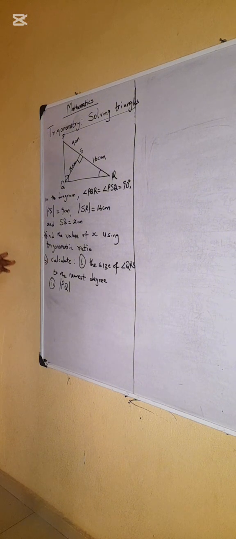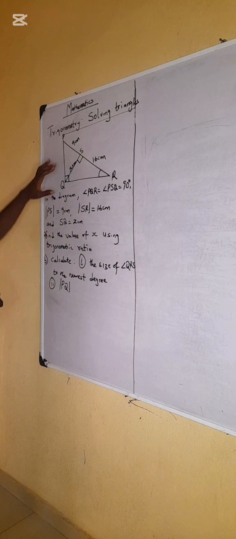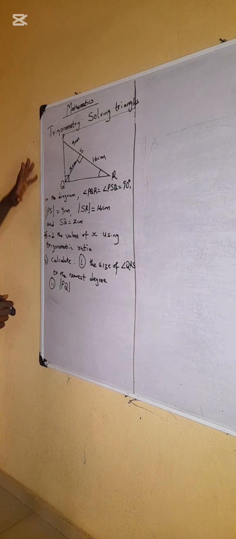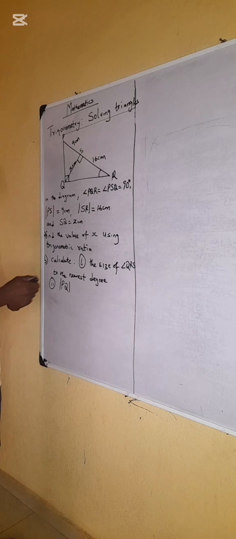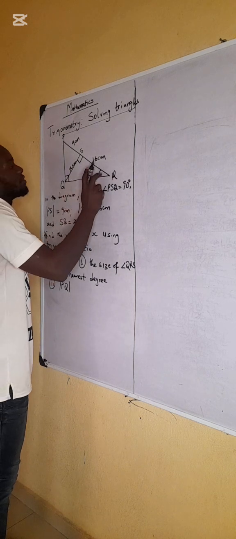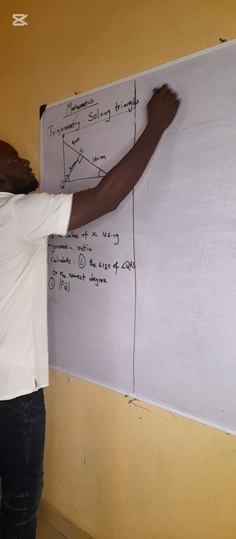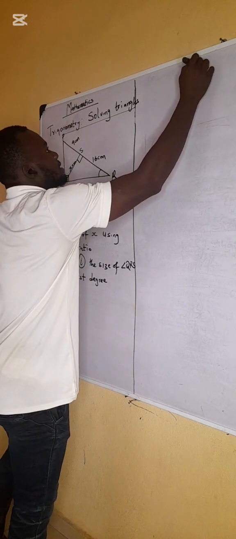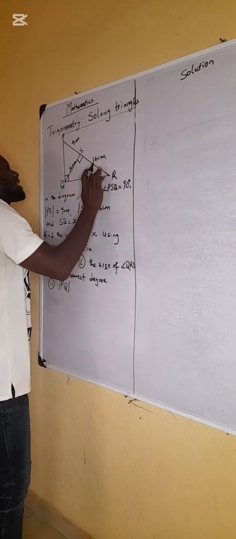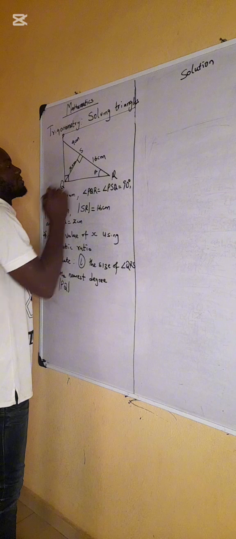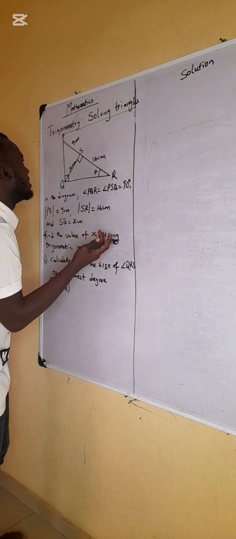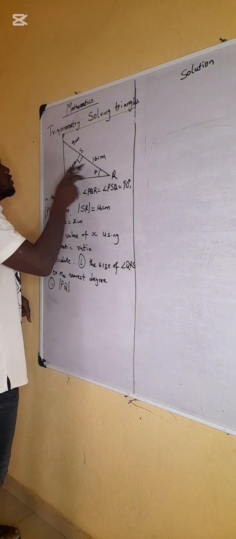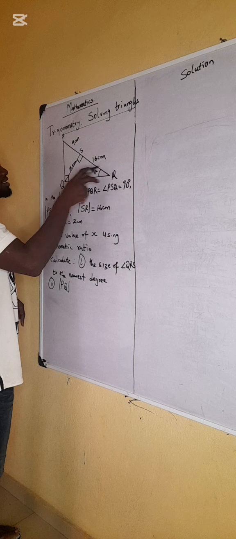So how are we going to solve it? Let's observe something from the triangles. Let's assume that the value of the angle at R is theta. If you look at triangle PQR, that's a right angle triangle.